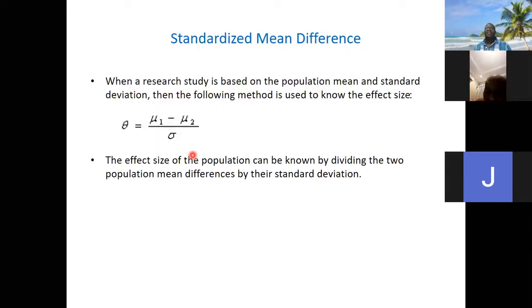Okay, we have talked about correlation coefficient as, on its own, a measure of effect size. Standardized mean difference. Why do they say standardized? You have mean difference. You have standardized.